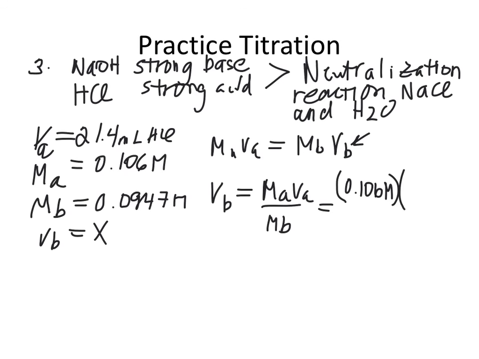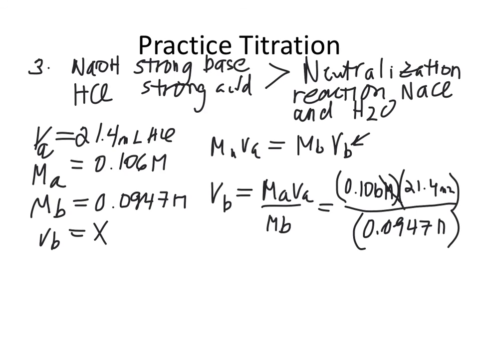Now, we can leave this in milliliters because they're asking for the volume in milliliters. So 21.4 milliliters of the acid divided by the molarity of the base, which is 0.0947 molar. Molarities will cancel. We end up with milliliters, so those will be the units for the volume of the base. That's consistent with what we expect.